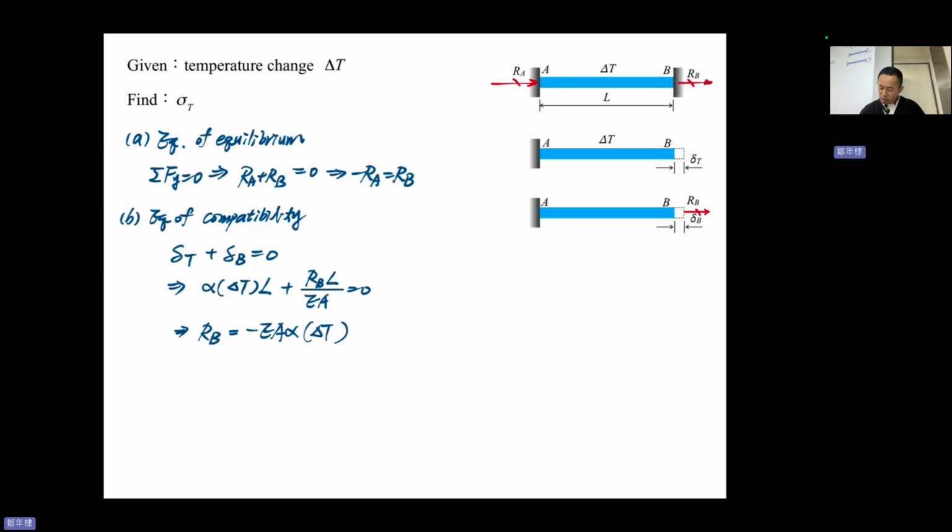But then both delta T and delta B summed together should be 0. So your RB will be negative EA alpha delta T. This is important. If delta T is positive, increasing temperature, your RB is in the negative, in the other direction. But if delta T is minus, which means that your RB is going to the right hand side.